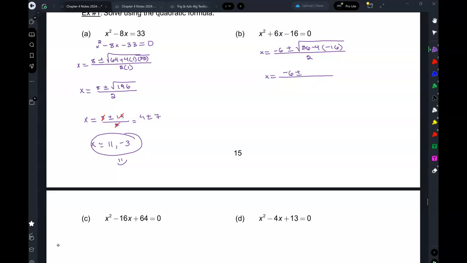So negative 6 plus or minus the square root of 36 plus 64 is 100 over 2. So this is negative 6 plus or minus 10 over 2. So look, this 2, you can divide everything by 2. So it becomes negative 3 plus or minus 5. So x is negative 8 and 2. Okay.